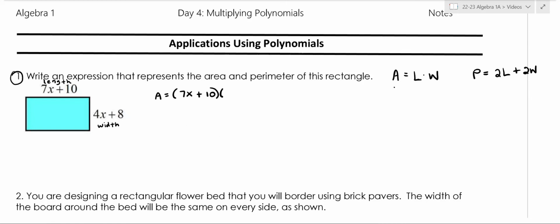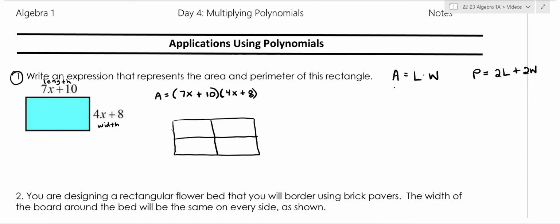All right, so this is a 2 by 2 box. For the area, we're multiplying: 7x and a positive 10, 4x and a positive 8.